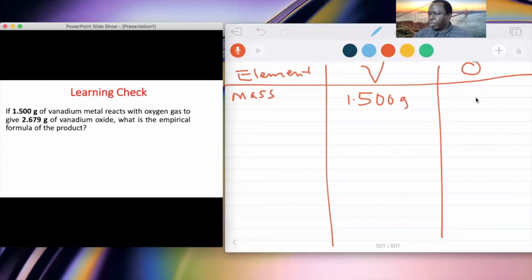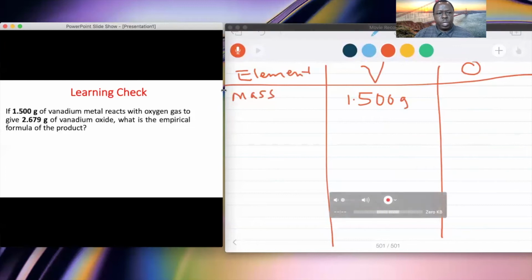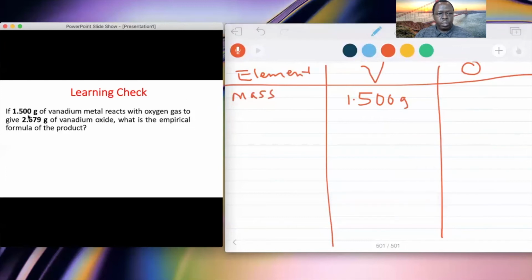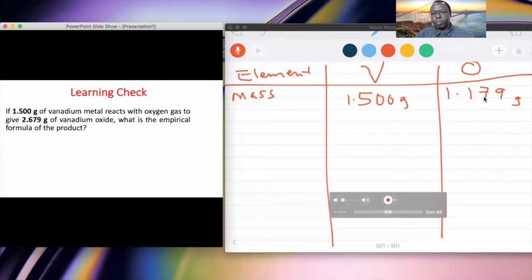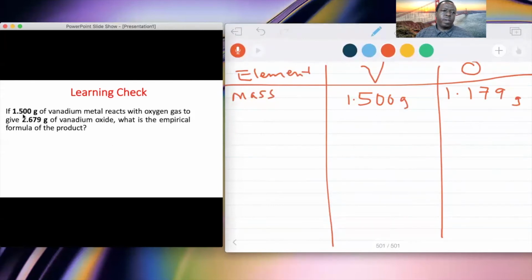The mass of oxygen is the difference, 2.679 minus 1.500, which is 1.179 grams. I end up with this value by subtracting 1.500 from 2.679. The units are in grams. We are done with that.